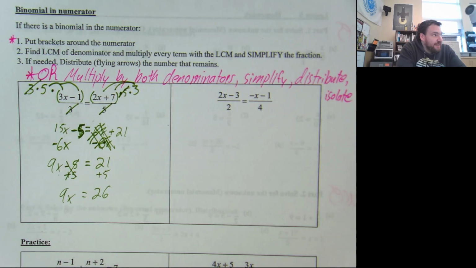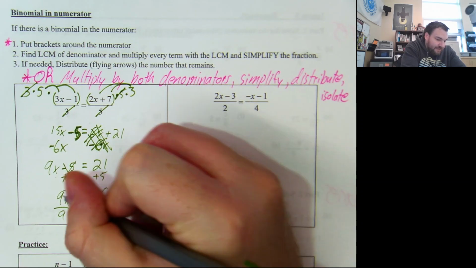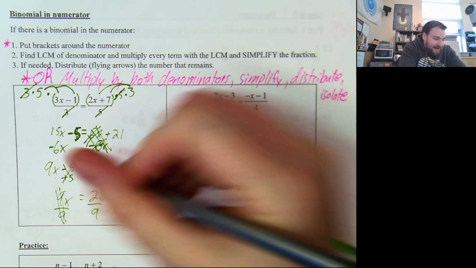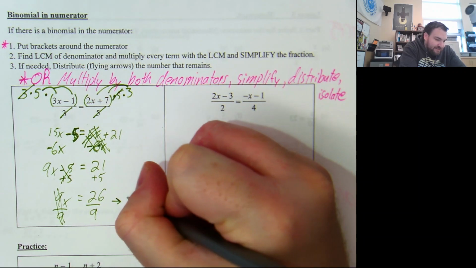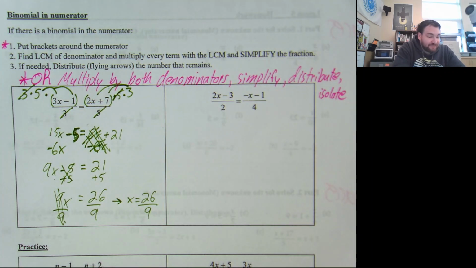Now to get x by itself, we need to divide by 9, divide by 9. 26 does not divide by 9 cleanly. So this is just one of those fantastic fractions. You could convert it to a decimal if you want.